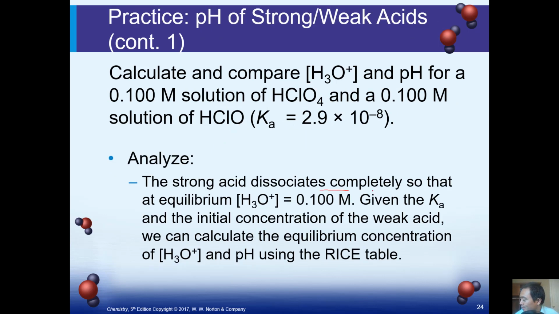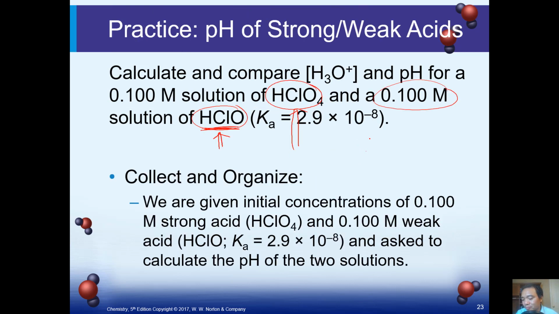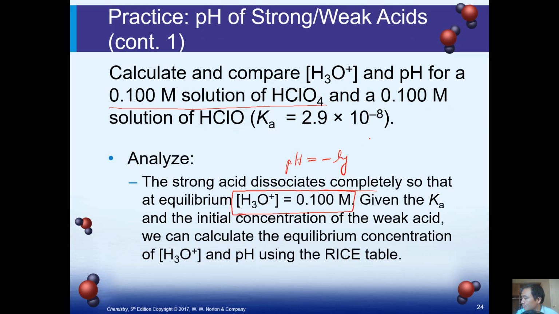So for this reason, the hydronium ion concentration will be exactly the same as the initial concentration of the strong acid. So when you do the calculation, pH equals negative log of hydronium concentration, which for a strong acid is the same as the initial acid concentration: negative log of 0.100.